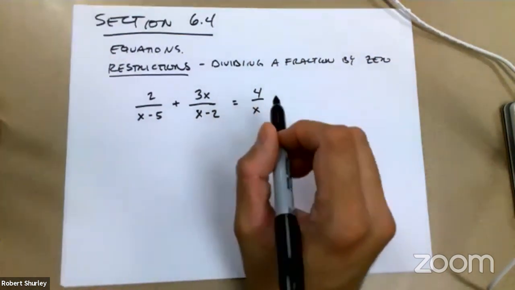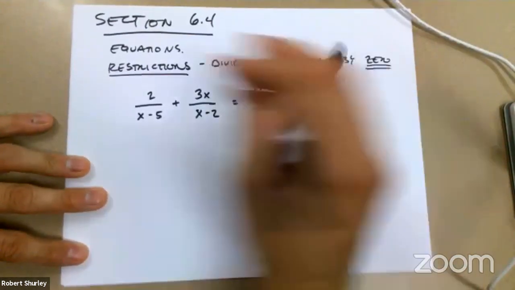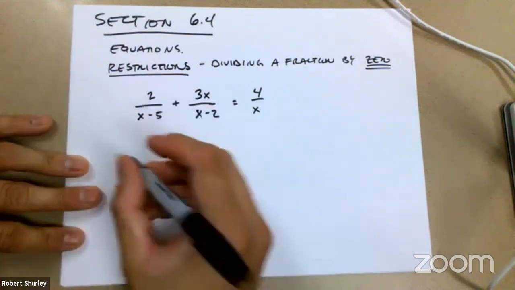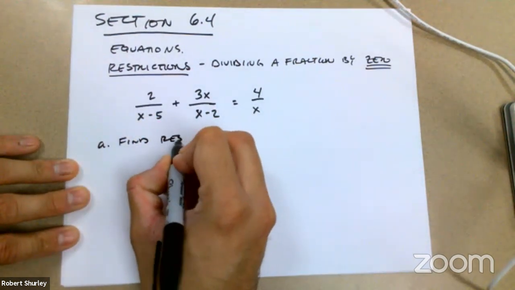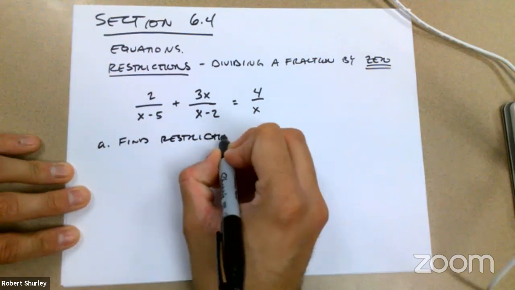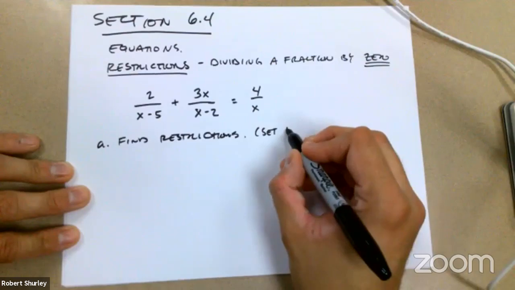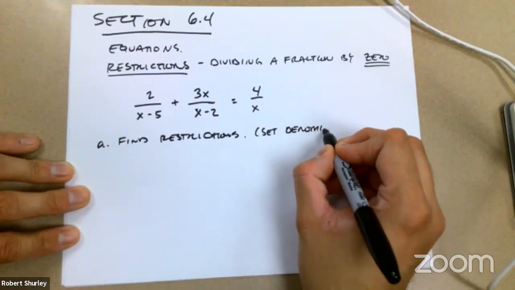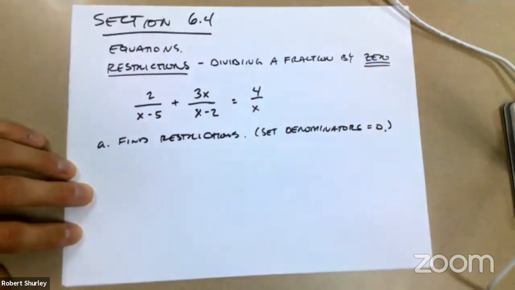Okay, so for finding restrictions, it's really where the denominator winds up being 0. So to find the restrictions, so part A, we're going to find restrictions. Okay, all we have to do is set denominators equal to 0.